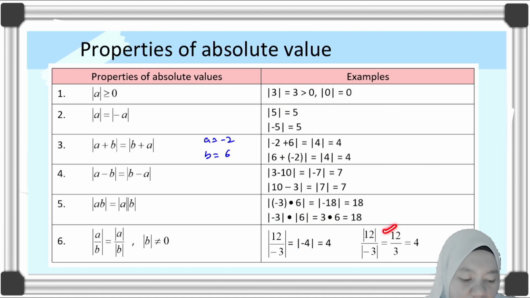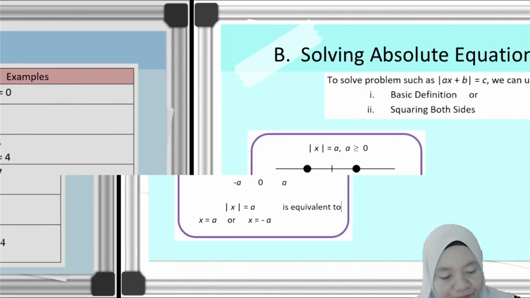And the absolute value of 12 divided by the absolute value of negative 3 is 12 divided by 3, which equals 4. Right, so these properties we may use during calculation. We will definitely use them during our calculations.